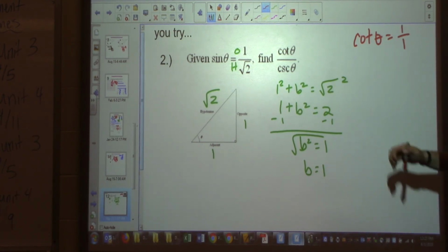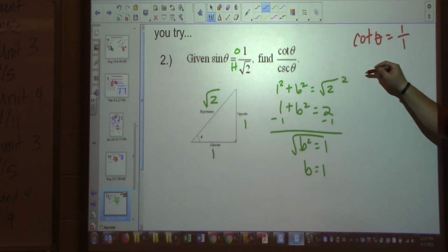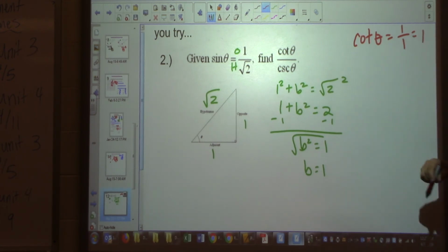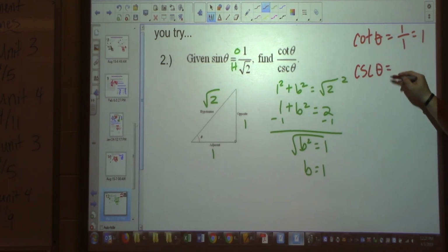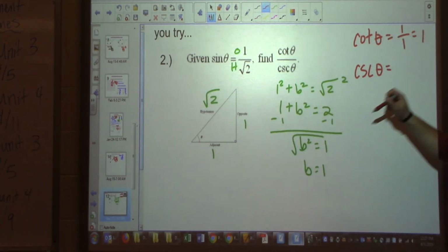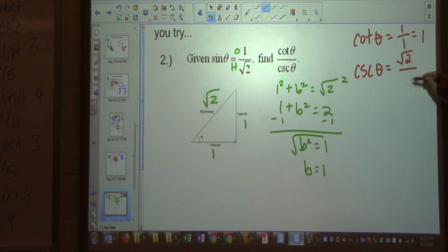Good. So then you can just put 1 over the cosecant. The cosecant is the reciprocal of the sine, right? So hypotenuse over opposite, which equals square root of 2.